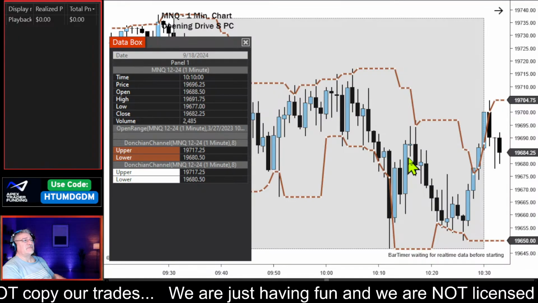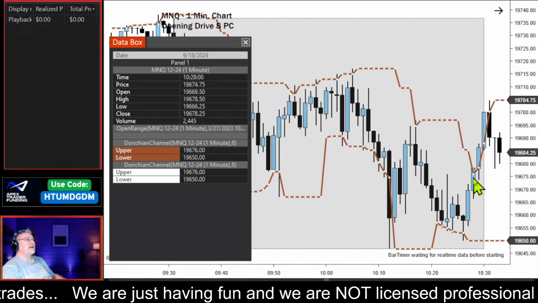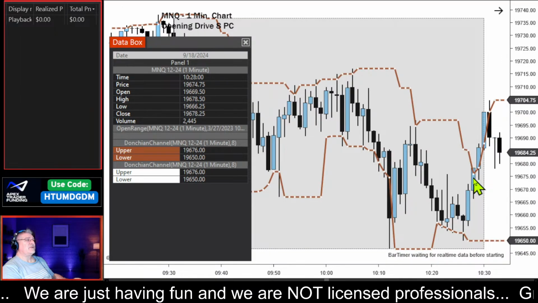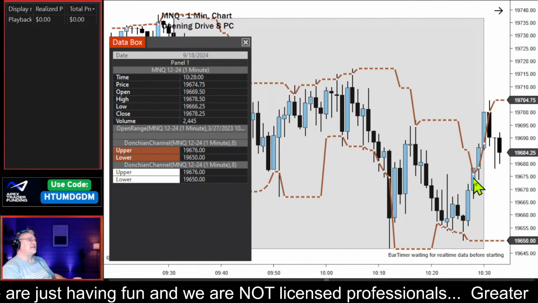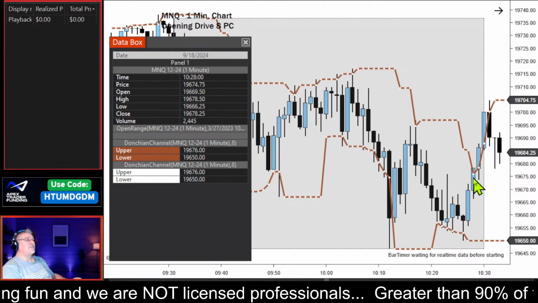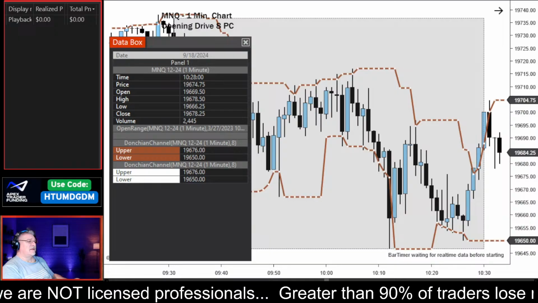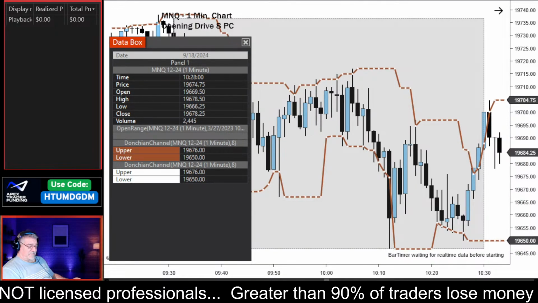You had a wick above. That's not the close above the price channel. Here's your close above the channel. You can see 678.25 and the upper channel in the data box was 676. So 12 points plus 22 points. That's 34 points. That's a 34-point winner.